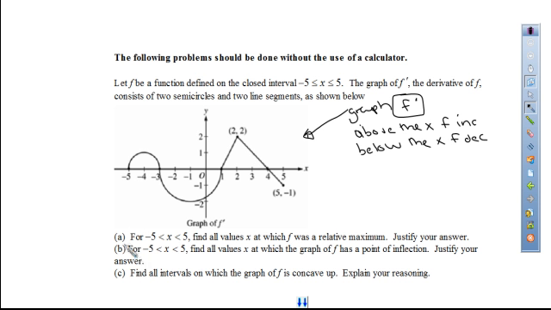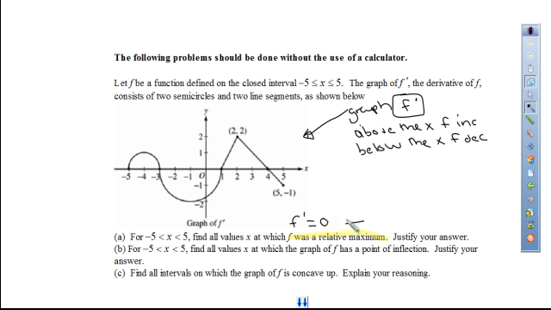Part A says from negative 5 to 5 on my interval, for all values of x, find all values of x at which f has a relative maximum, and justify my answer. So I know f has a relative maximum if my derivative is equal to 0.